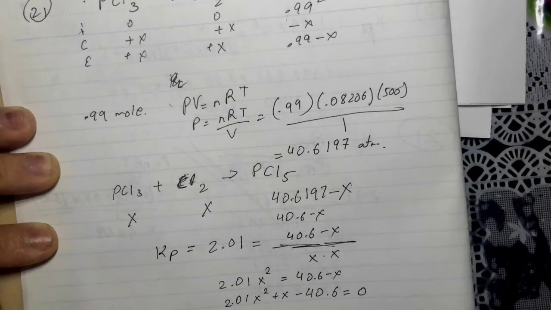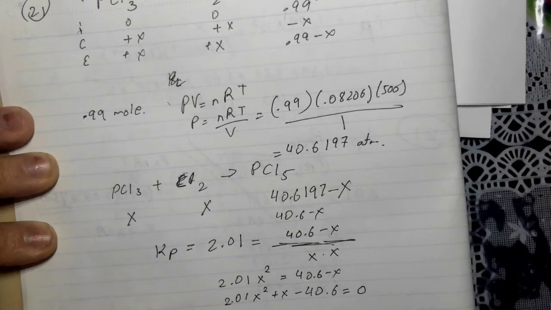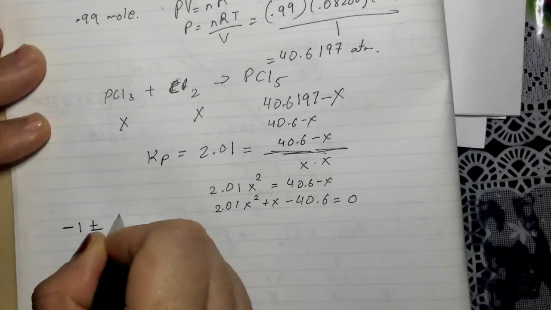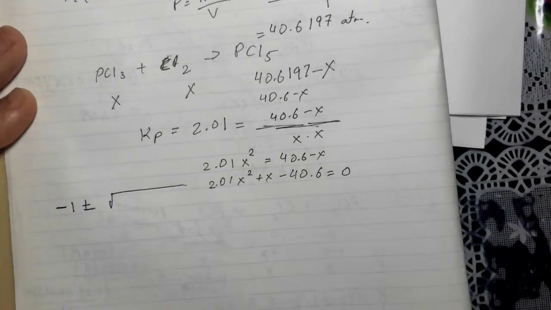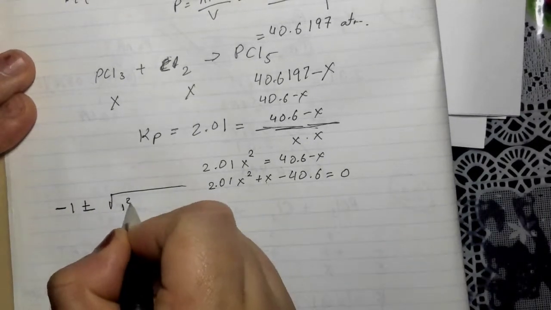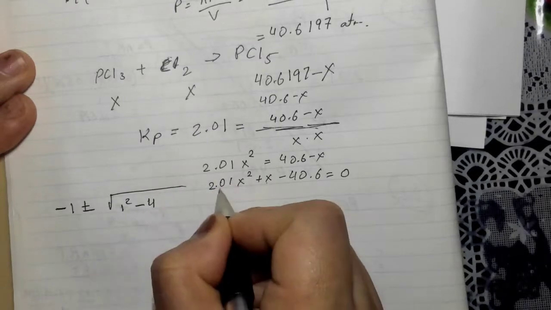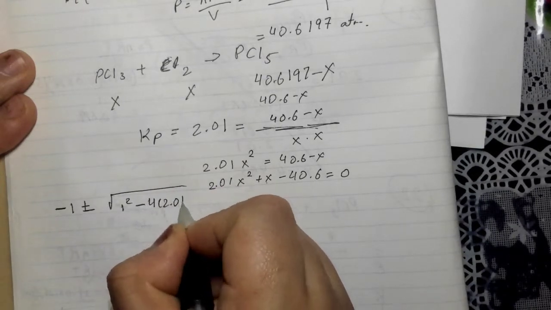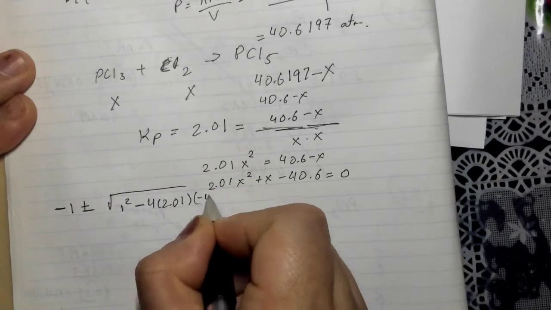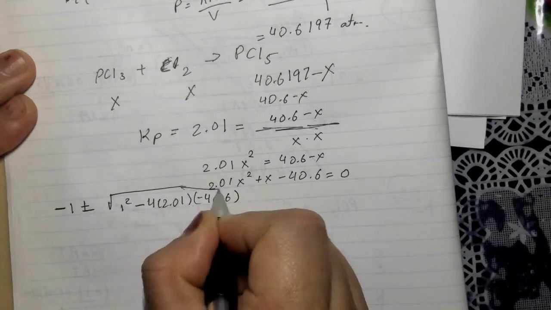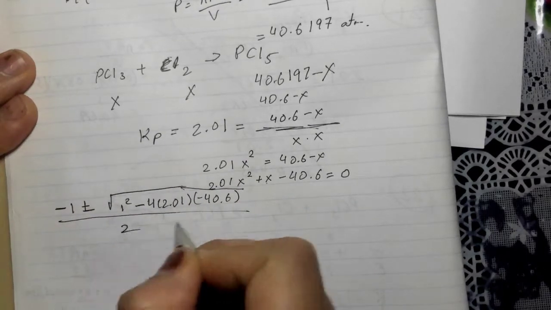Quadratic formula again, plus or minus. Negative b plus or minus the square root of b squared minus 4ac, divided by 2a.